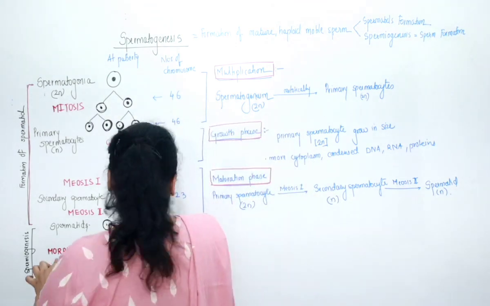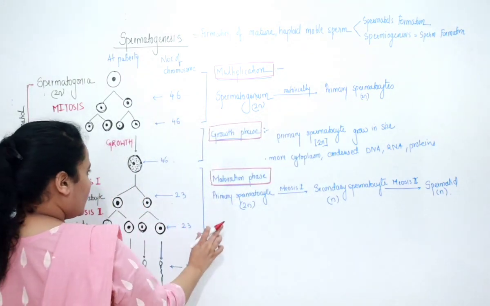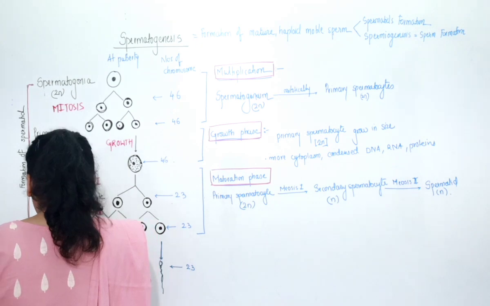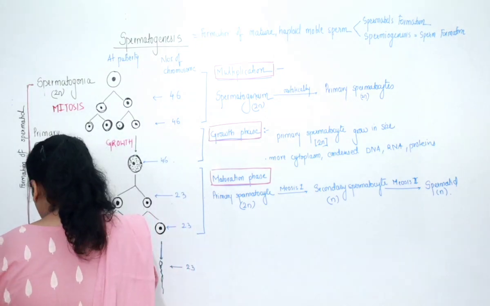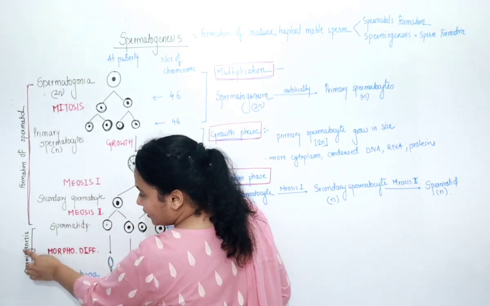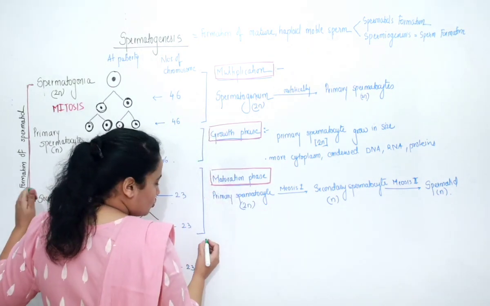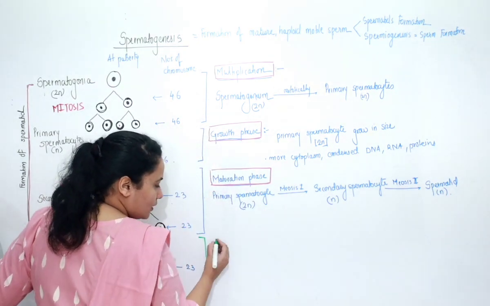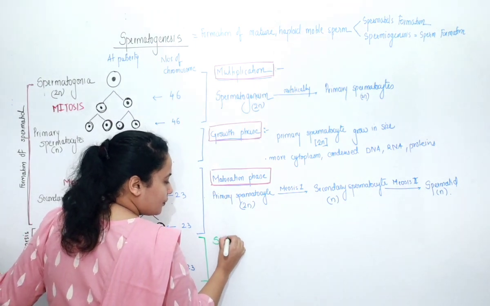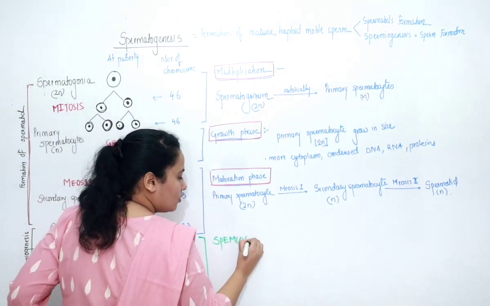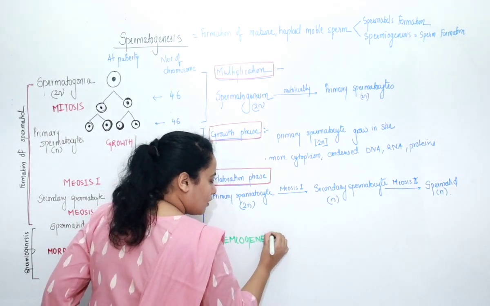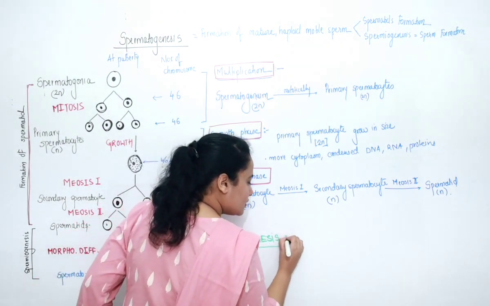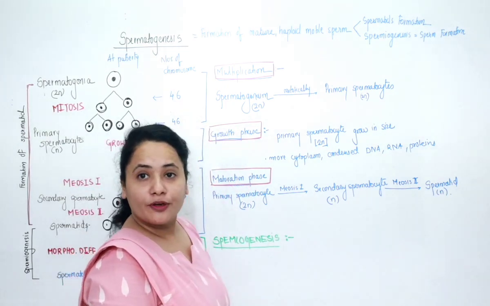Now once this spermatid is formed, here it begins the next phase, we'll write it over here, the second phase, and that is what you call spermatogenesis. Now what happens in spermatogenesis? I have already told you previously.